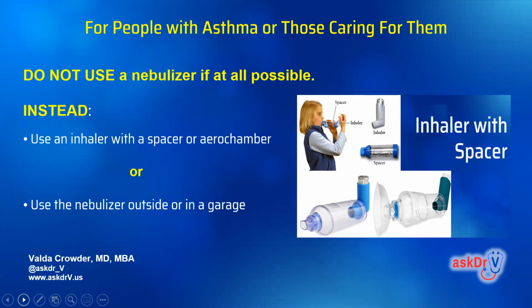So what we're recommending is that people use this device here, which is an inhaler with a spacer. You push this 2 times, the medication goes in here, and you breathe in, breathe out, breathe in, breathe out. This aero chamber or spacer is something that you can get as a prescription or order online. It delivers as much medication as a nebulizer.